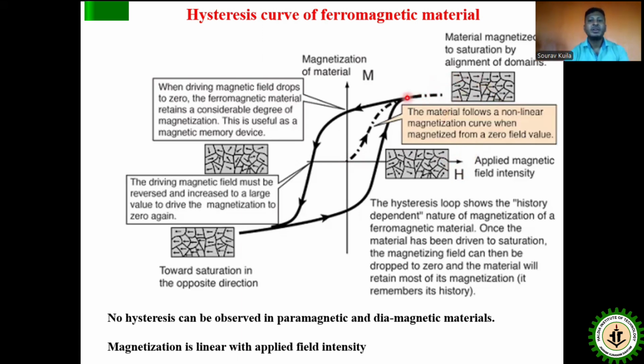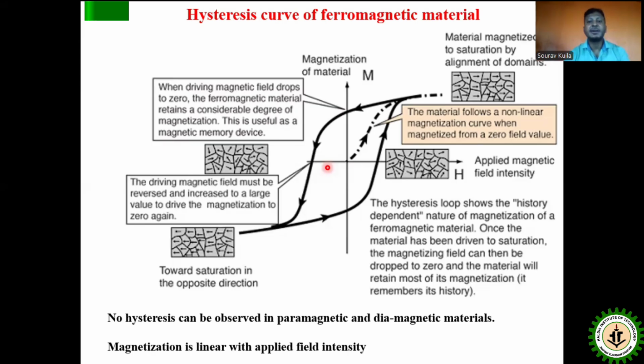Now you decrease the external magnetic field H, and when you decrease it to zero, the magnetization will not become zero in the case of ferromagnetic material. This is called remnant magnetization. When the applied magnetic field is zero but magnetization is not zero, it is called remnant magnetization. Now to demagnetize means you have to make the net magnetization of the material zero.